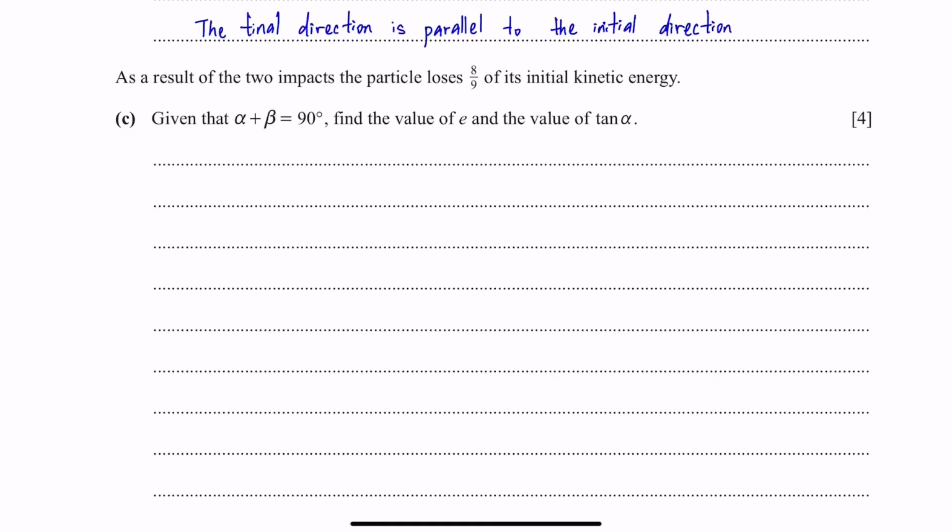Part C. As a result of the two impacts, the particle loses 8/9 of its initial kinetic energy. Given that alpha plus beta equals 90, find the value of E and the value of tangent alpha. So we have the info about the kinetic energy loss, so we can use that info to find the values.